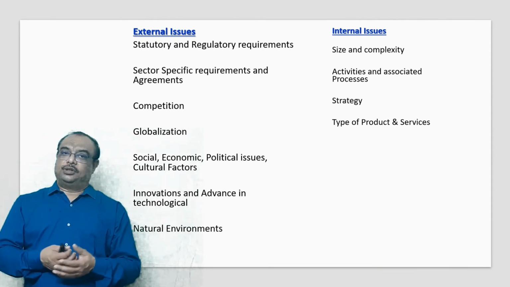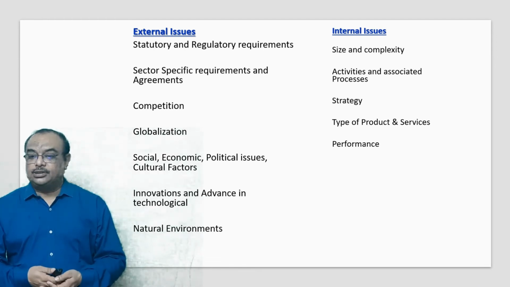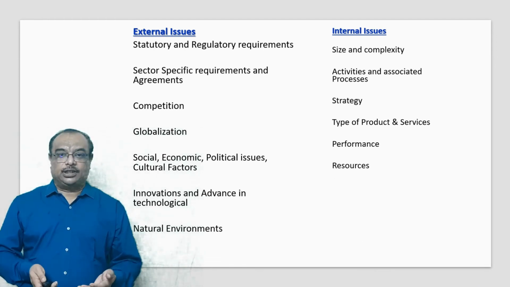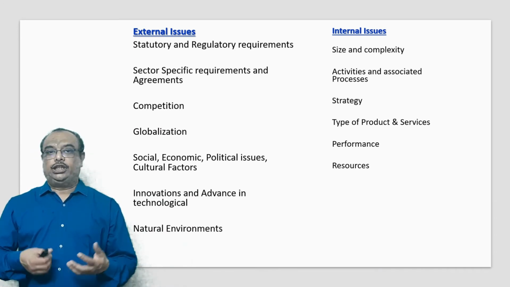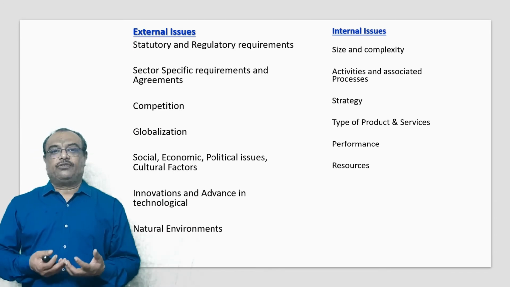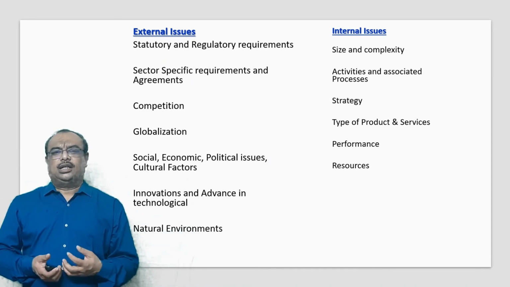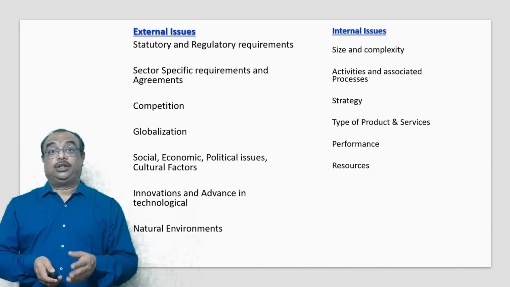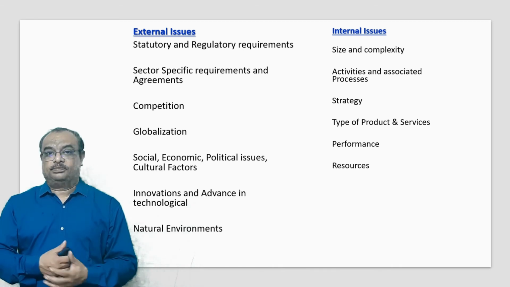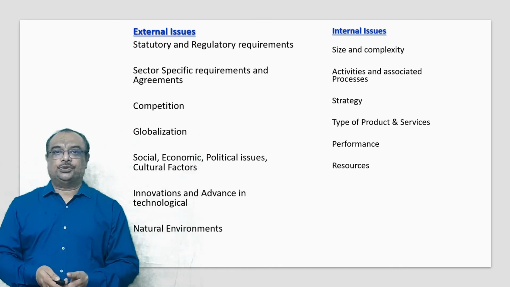Performance. I hope all of you understand performance. And next is resources. Resources means infrastructure or human resources; these two types of things we consider in resources. If an organization is not understanding what kind of infrastructure and what kind of competence is required to deliver the product or services, then it will be an internal issue.